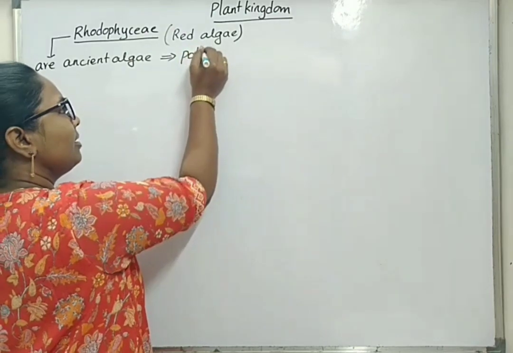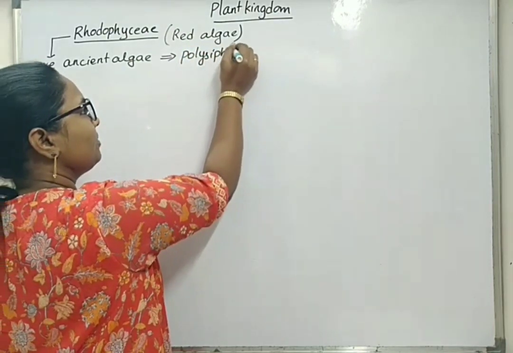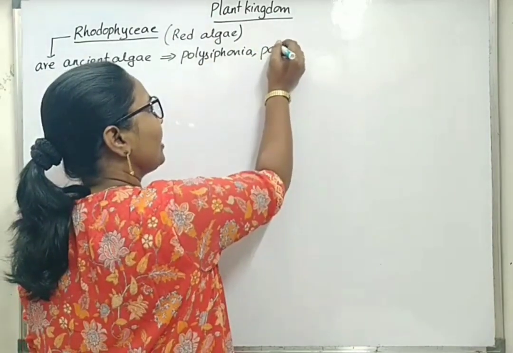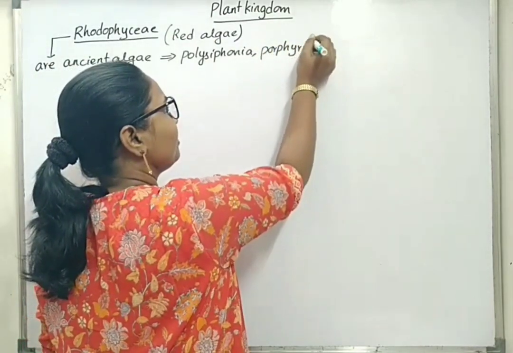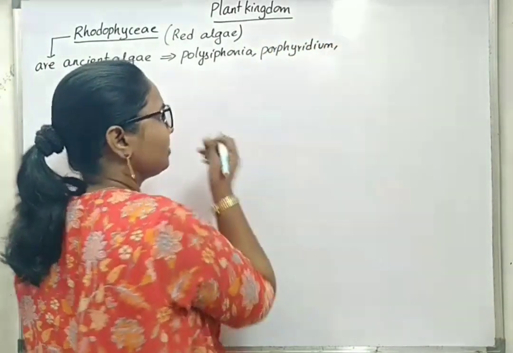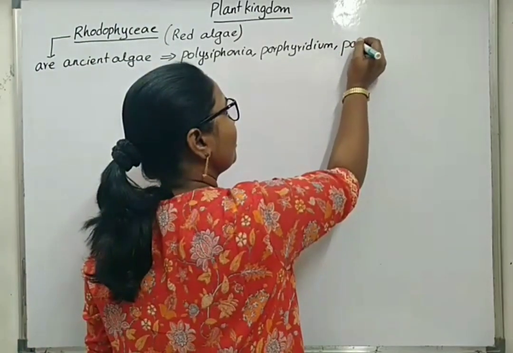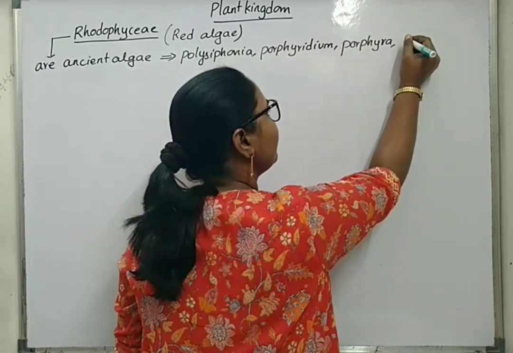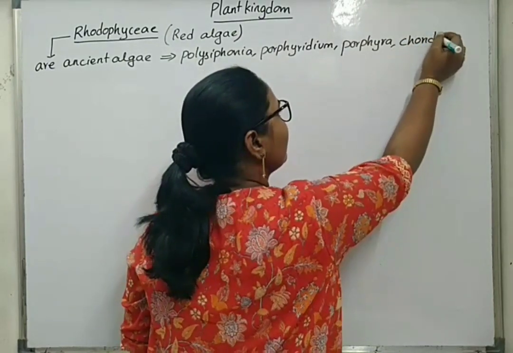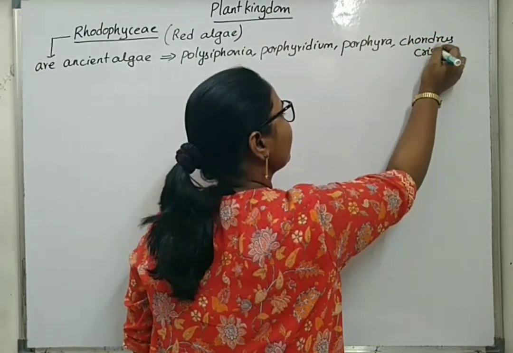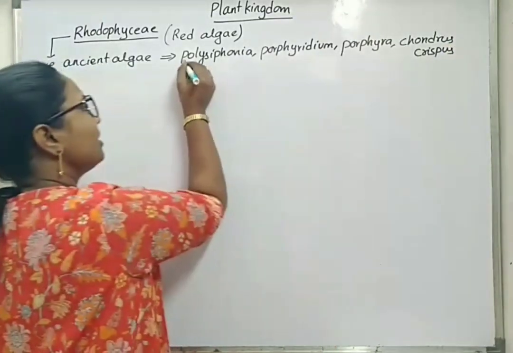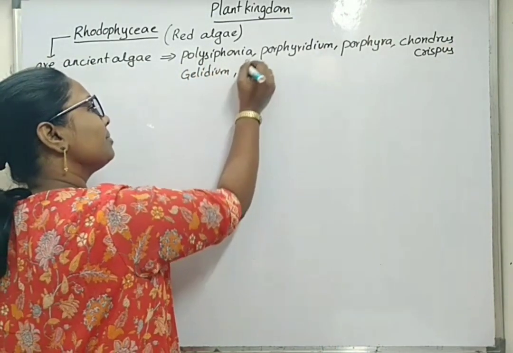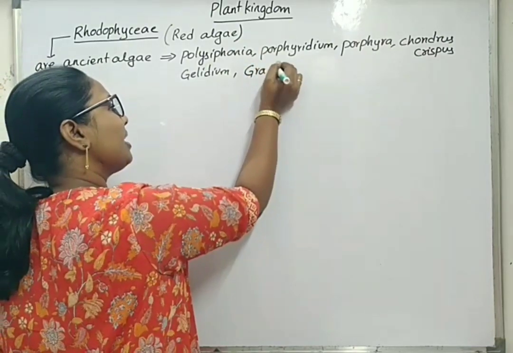Examples are Polysiphonia, Porphyridium, next Porphyra, Chondrus crispus, next Chilidium, next Gracilaria.